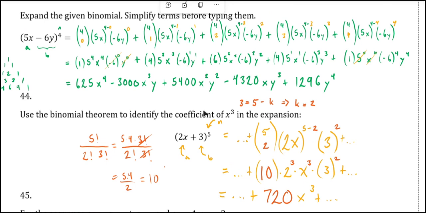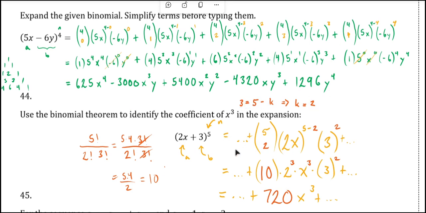We need not do the whole thing if all we want is a particular coefficient, but we do need to figure out which value of k we're going to use. Now, for example, here, I am going to want the x to have a 3rd power, and to make sure that my n minus k is equal to 3, I want k to be equal to 2.